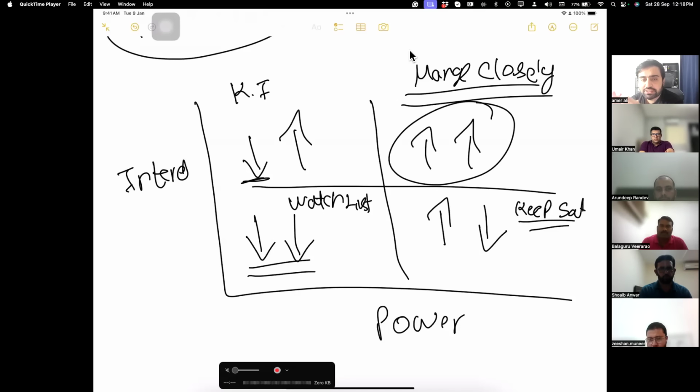This power and interest grid is very important. Practically in the exam, you get a question related to it. So you should be able to make this graph by your own hand without any doubt.